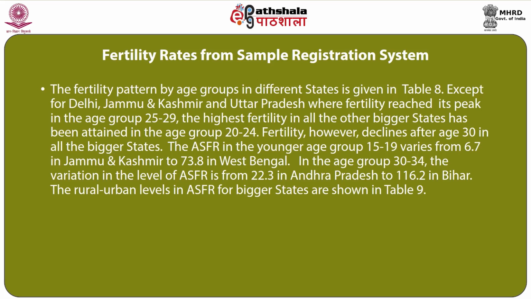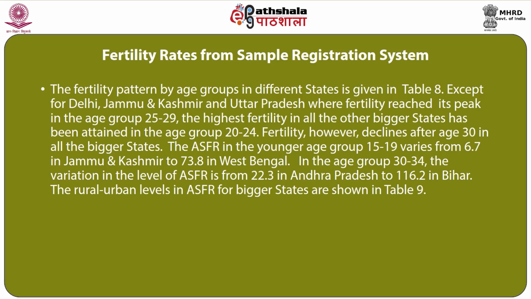The age-specific fertility rate in the younger age group of 15 to 19 years varies from 6.7 in Jammu and Kashmir to as high as 73.8 in West Bengal. In the age group 30 to 34, the variation in the level of age-specific fertility rate is from a low level of 22.3 in the state of Andhra Pradesh to a high of 116.2 in the state of Bihar.